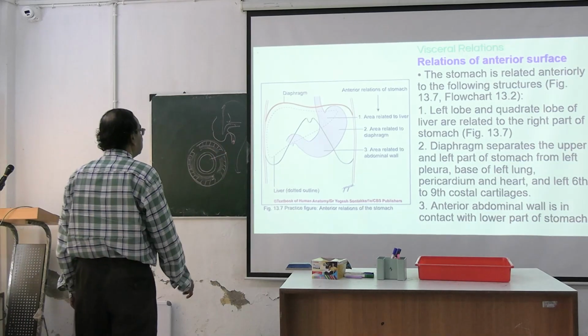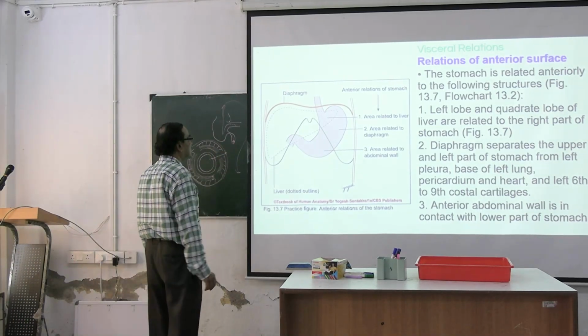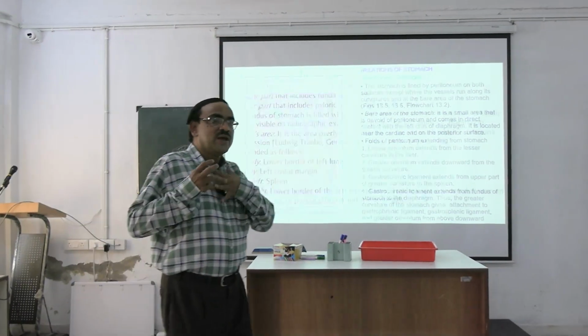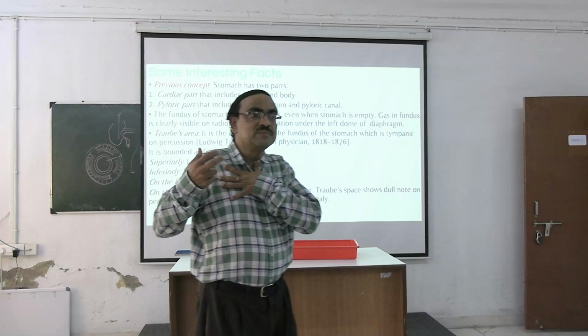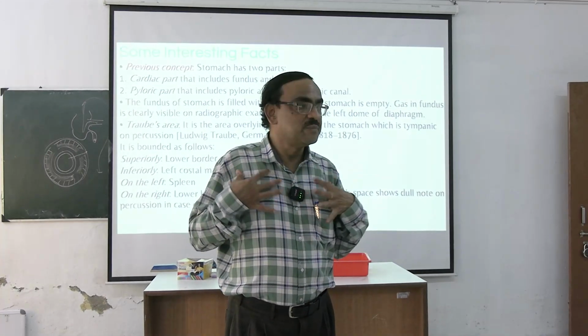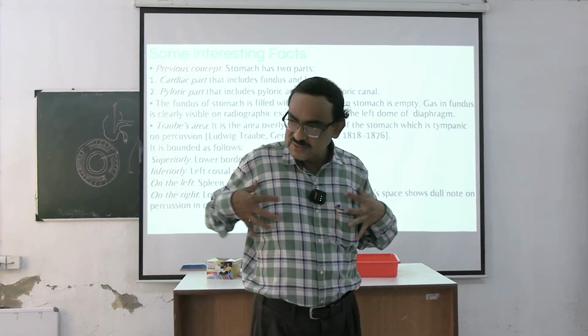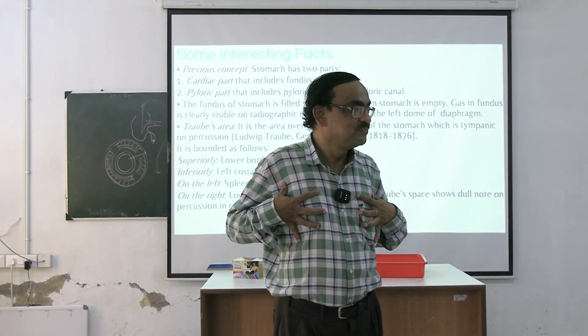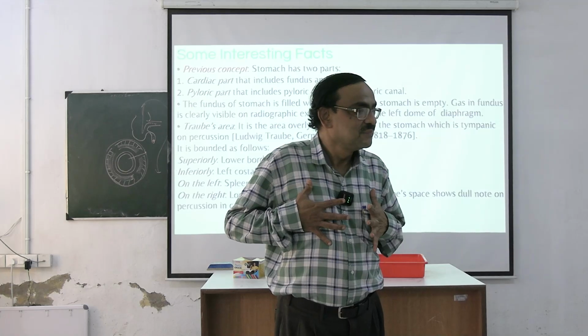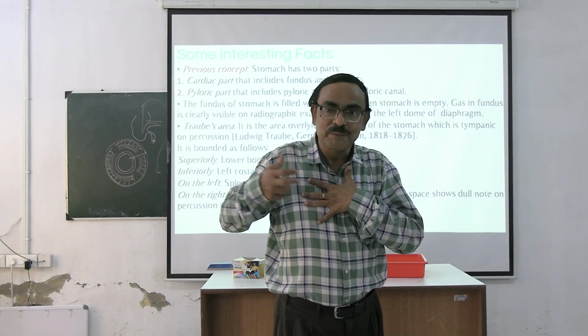Another point is important, that is the trough space. When we are percussing, there are several processes. First, inspection of this area. Then we palpate that area. Then we do the percussion.